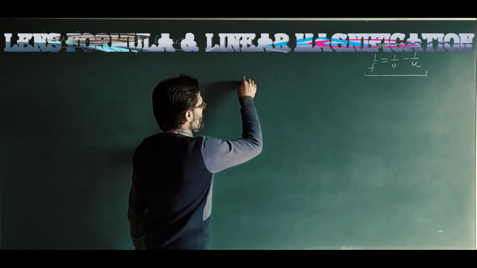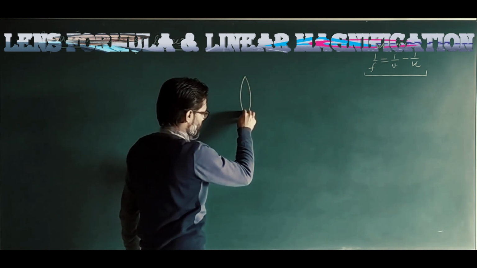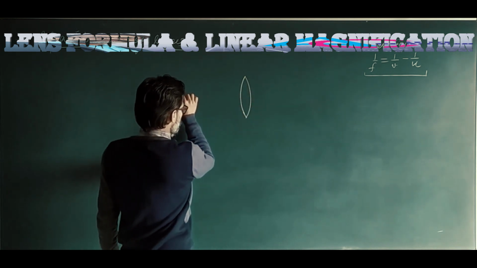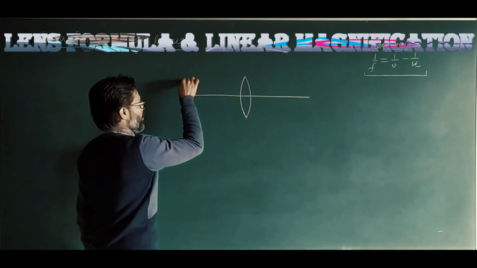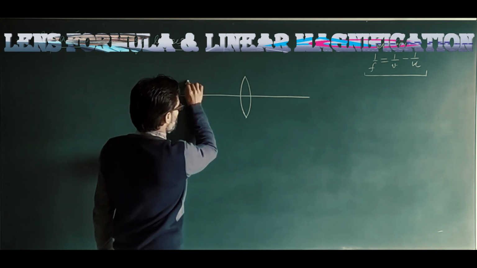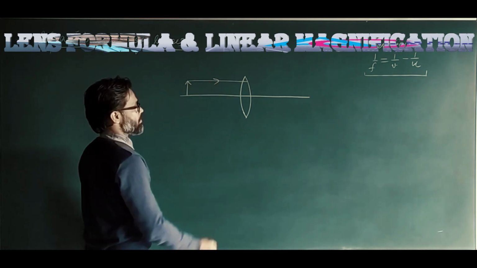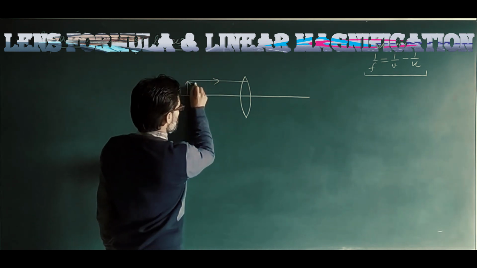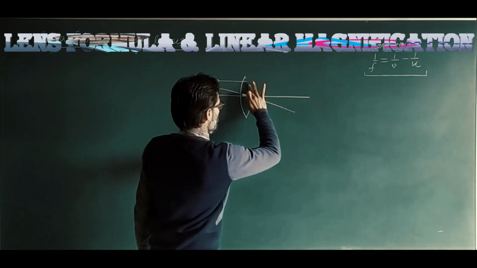So just consider this lens. Here is a convex lens. This is object AB, a ray parallel to the principal axis, and this one passing through the optical center.